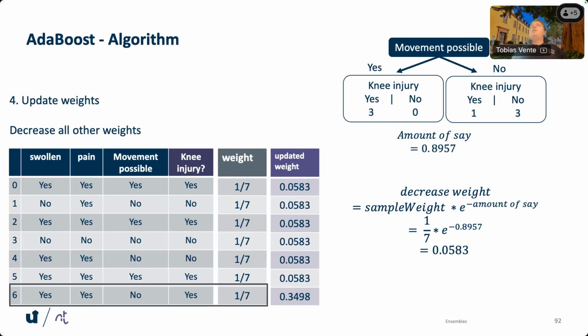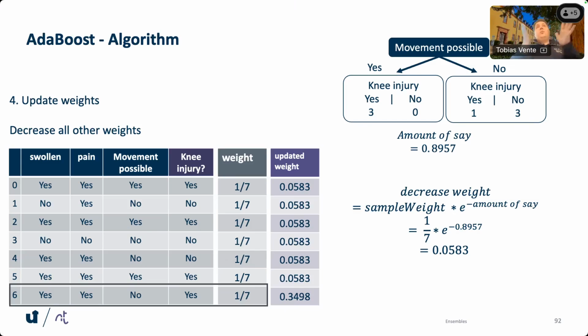It's just the value. The higher the value is, the more importance the data point has. In our case, all correctly classified data points get a low weight, so low importance. And the misclassified data point has a higher weight, so higher importance.